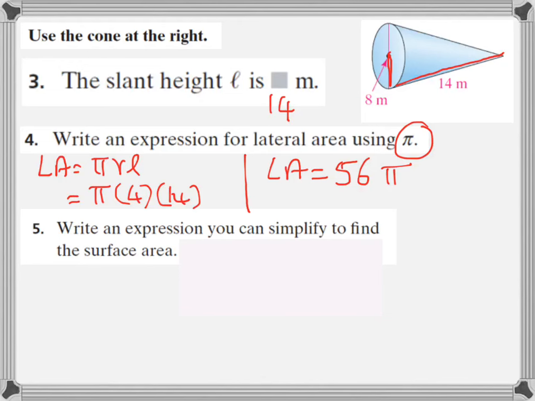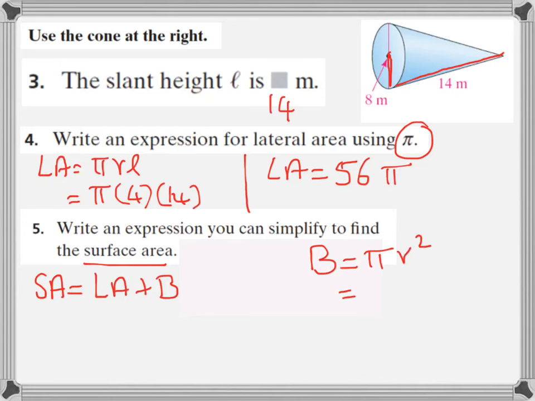Write an expression you can simplify to find the surface area. What is the formula to find the surface area of a cone? It is LA plus B. And B stands for the area of the base, which is the area of the circle, which is pi r squared. And since the radius is 4, this is going to be pi times 4 squared, which is 16 pi.